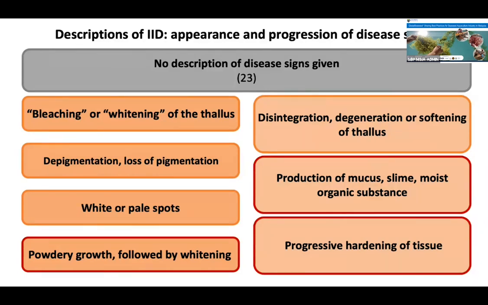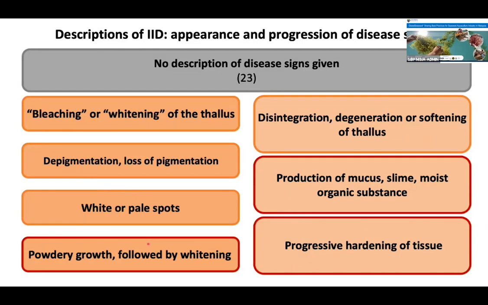So almost all reports describing the initial presentation of IID included the terms bleaching, whitening, depigmentation or loss of pigmentation, in some cases stating that this occurred in white or pale spots. A very small number stated that this was preceded by the presence of a white powdery growth on the surface of the thalli.